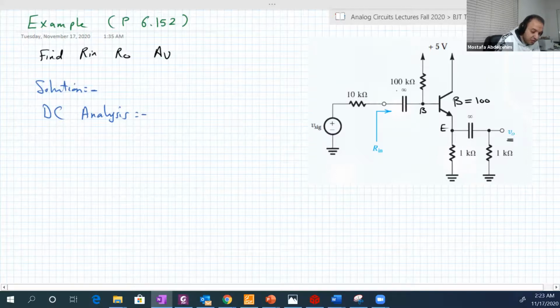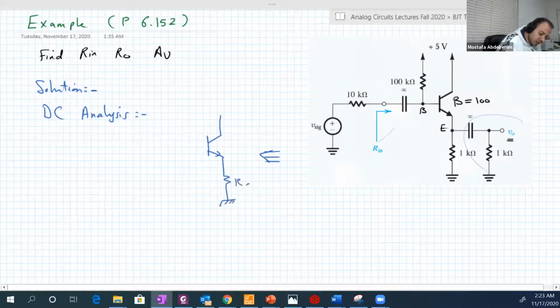So we just remove this part and also remove this part. The circuit will be reduced to the following one: RE, VCC equal to 5, and RB here, which is 100 kilo ohm. Let's call it RB.